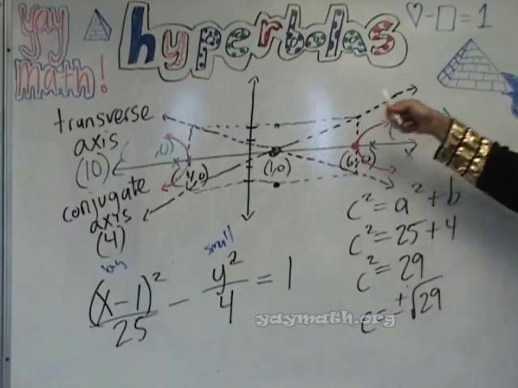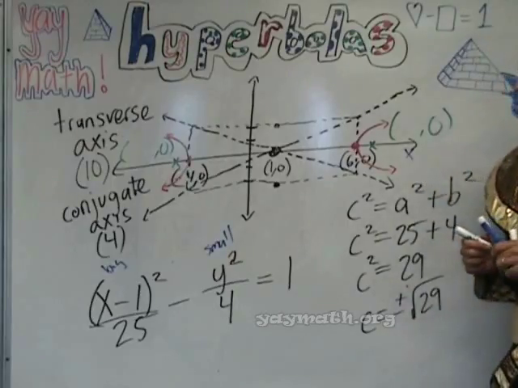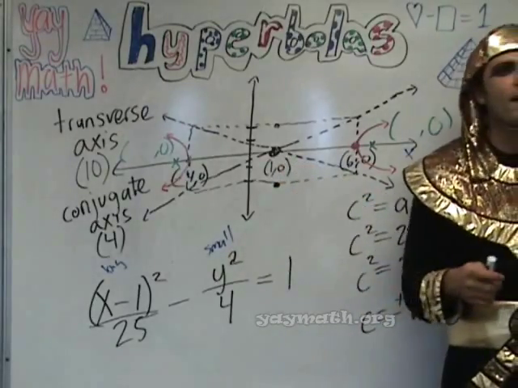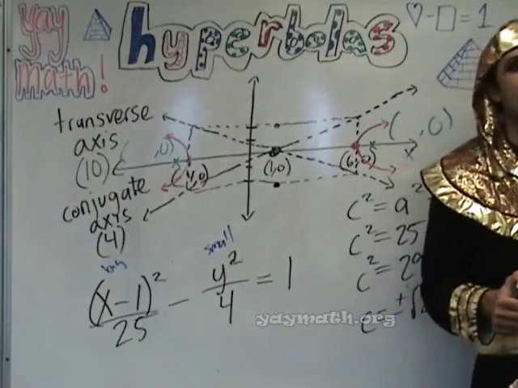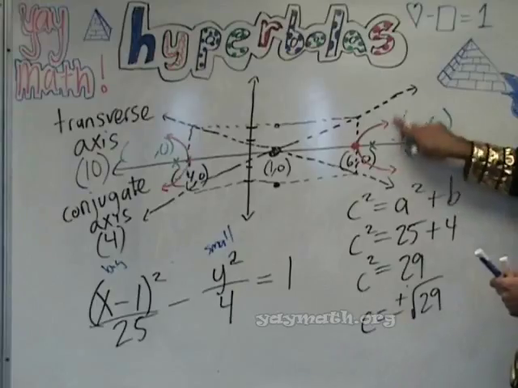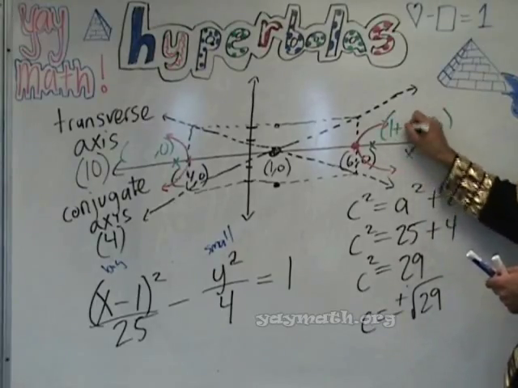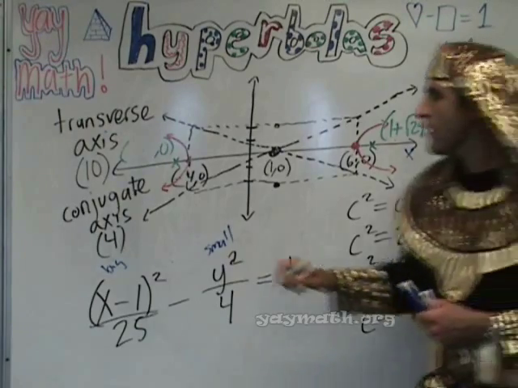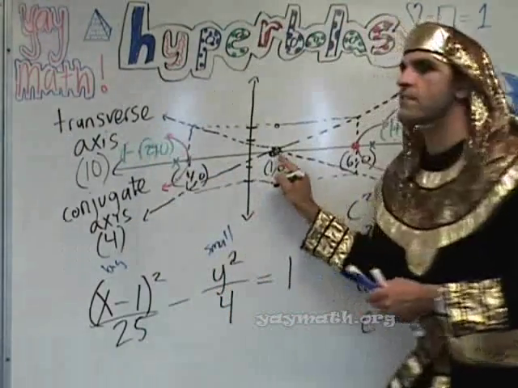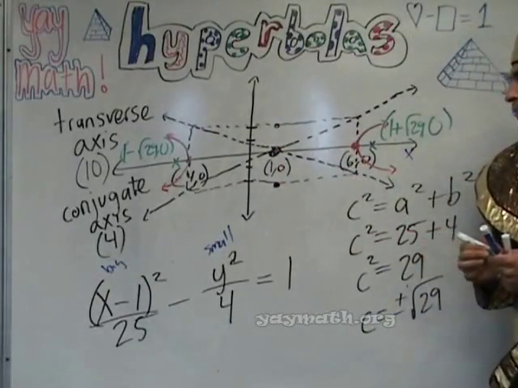Start at 1. So 1 plus root 29, and then 1 minus root 29. Again, we start at the center and go the focal distance left and right in this case.